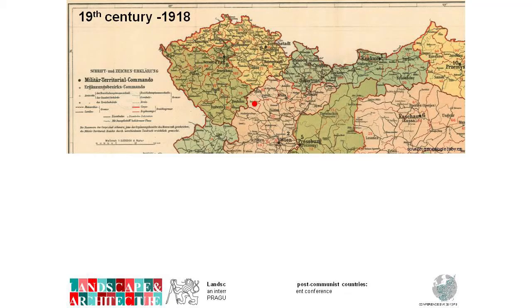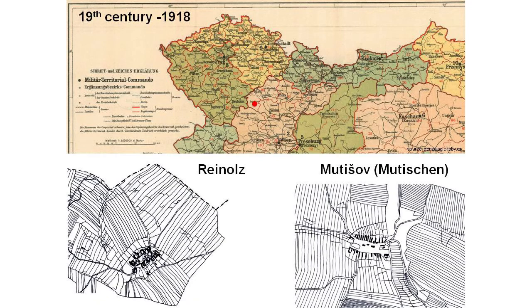Also, the structure on the Czech and Austrian side was similar, because in those times the area belonged to the Austro-Hungarian Empire, so there were actually no borders, and the population was mainly German.